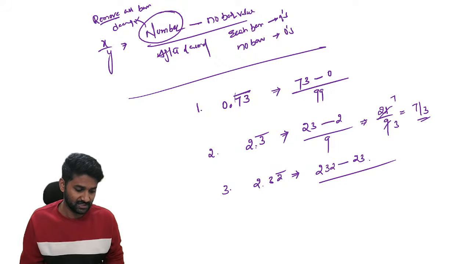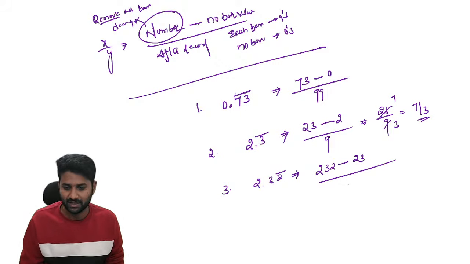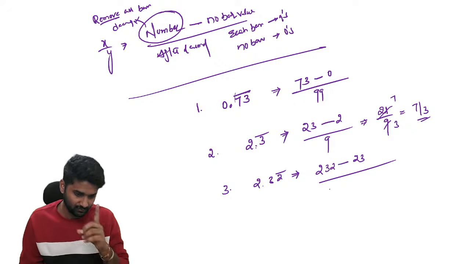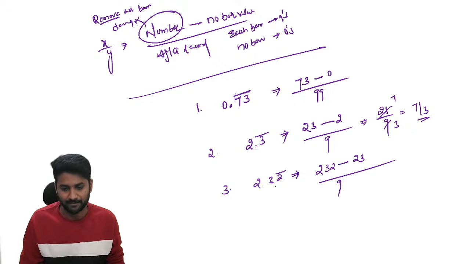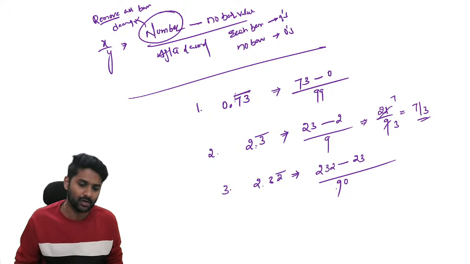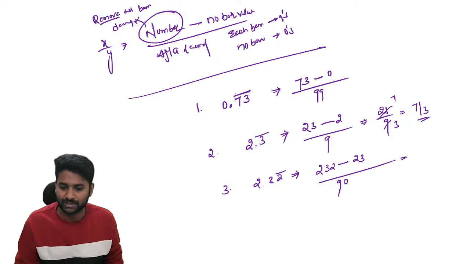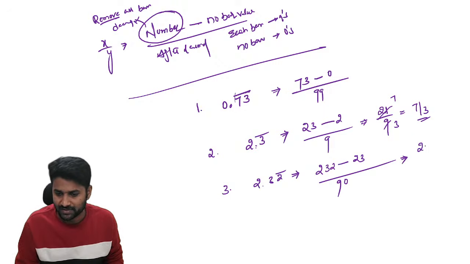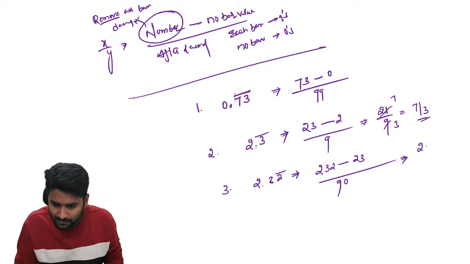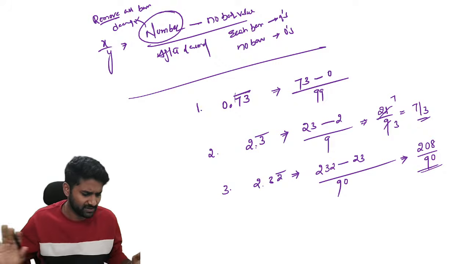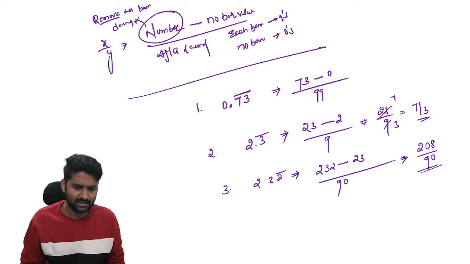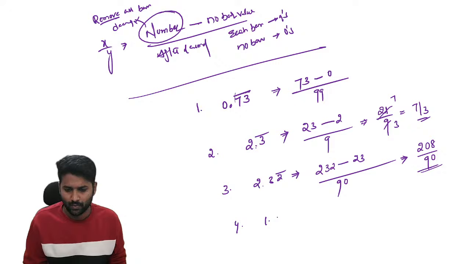After the decimal, how many bar values are there? One bar value, so divide by 9. How many no-bar values are there? One no-bar value, so you take a 0. So the answer is 232 minus 23 divided by 90. So how much is the difference here? 209 divided by 90. Just go through the simplification. Is it clear?